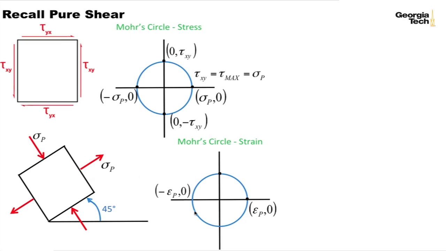And then I can draw Mohr's circle, and I find out that my max shear strain divided by 2 is shown here and here. And I find out that the max shear strain divided by 2 has the same magnitude as the principal normal strain, epsilon sub p.